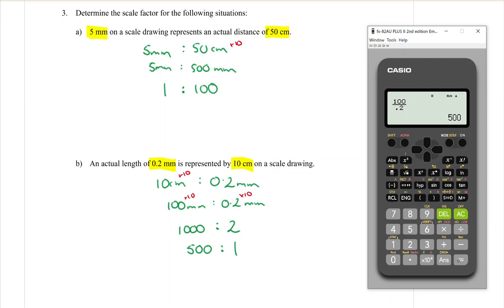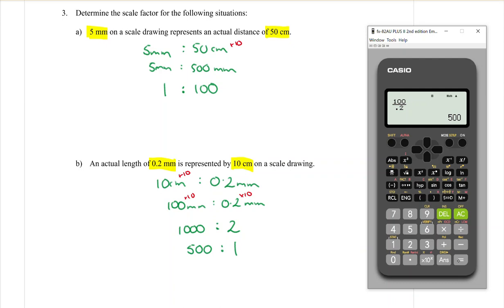That's because most of the time, when we're drawing maps or scale drawings, the map is the smaller version of a much, much bigger object, okay? But it doesn't always have to be. In this particular case, this means that we have taken a small object and we're actually making it bigger on our scale drawing.